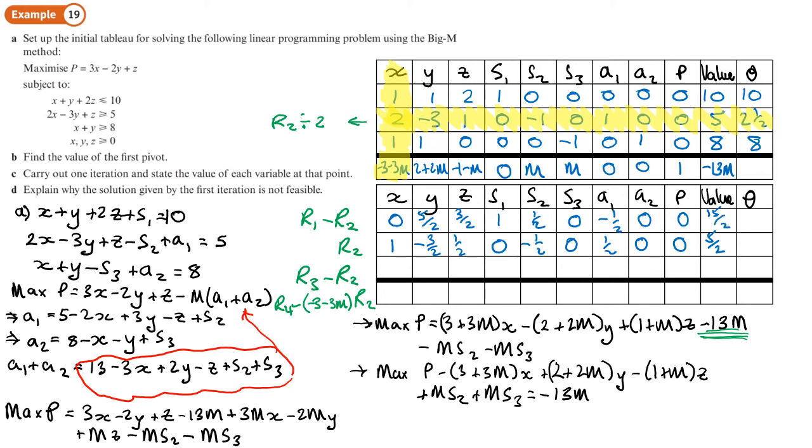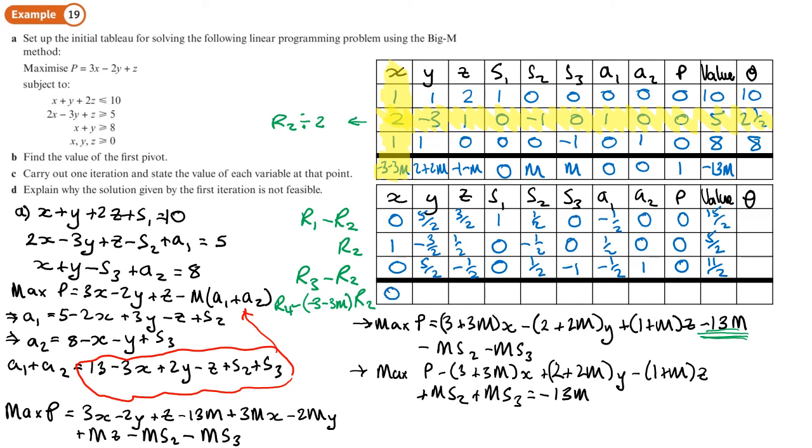Row 3 becomes 0, 5 over 2, negative a half, 0, 1 half, negative 1, negative a half, 1, 0, and 11 over 2. And our objective row at the bottom becomes 0.